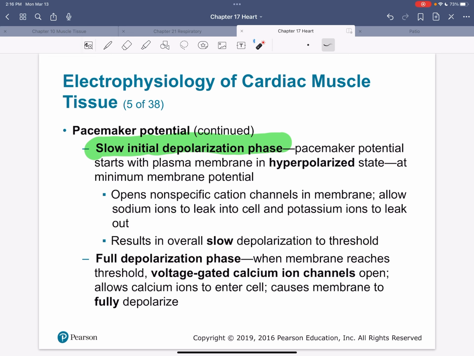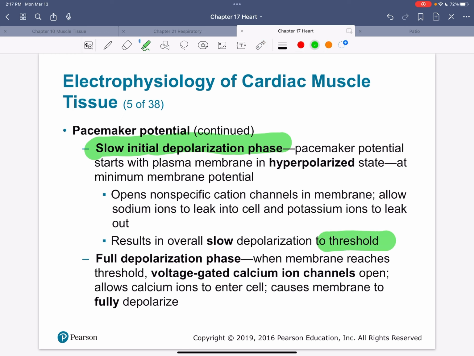Okay, so the first part of depolarization, let me say it again. The pacemaker cells are hyperpolarized. As soon as they get hyperpolarized, they open the non-specific cation channels. This causes sodium to leak into the cell and potassium ions to leak out. And I end up with a slow depolarization until I get to that magic word, which is threshold.